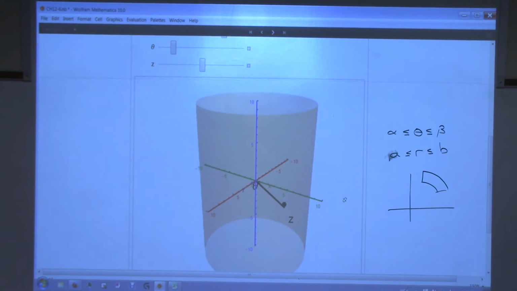Remember that from last class? That's what this draws. All we're doing now is turning that, and that's the ground, and we're letting z just be z, whatever it wants to be.